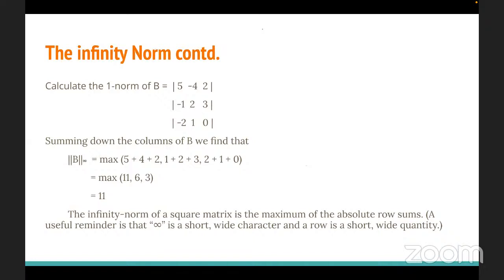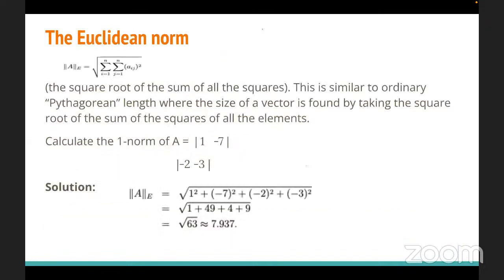So let's go to the last one, which is the Euclidean norm, right? In this one, you're using something like Pythagoras. The idea is very similar to Pythagoras, where we take the square root of the sum of all the squares. We find the square of each element in the matrix and then sum them together.